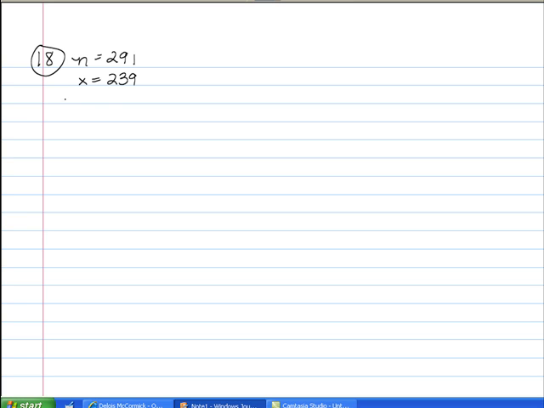That means Z sub alpha over 2 is 2.575, which is what we got earlier and also what we used in the last problem. And we want to calculate E, which is 2.575 times the square root of 239 over 291.